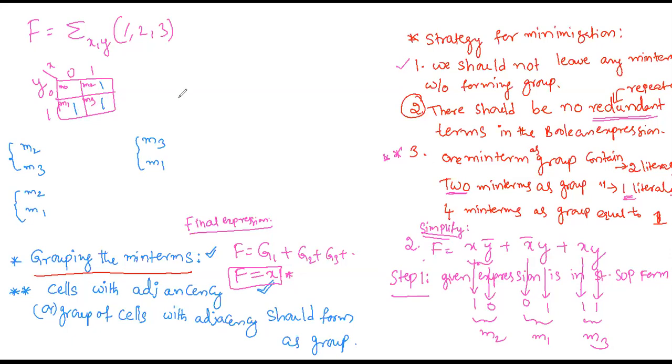Now check X, Y. M2 means X is 1, Y is 0, so 1 0. M3 is 1 1. So X is same, Y is different, a 1 bit change. So these two are adjacent.